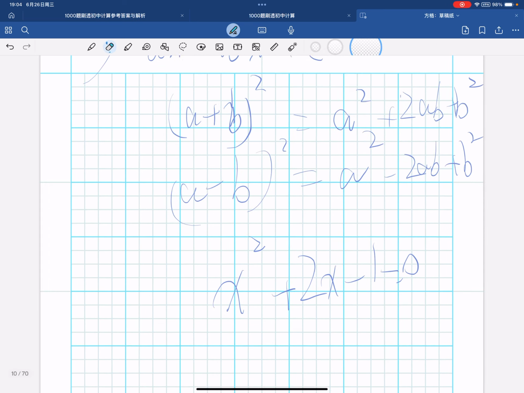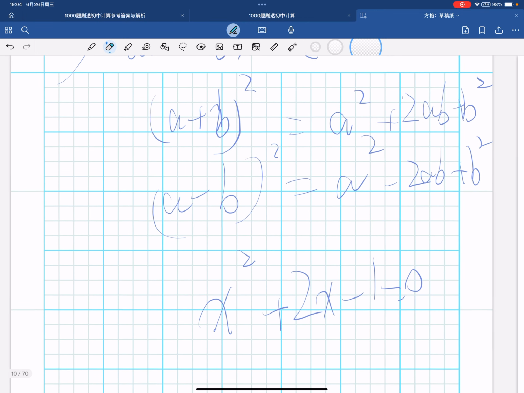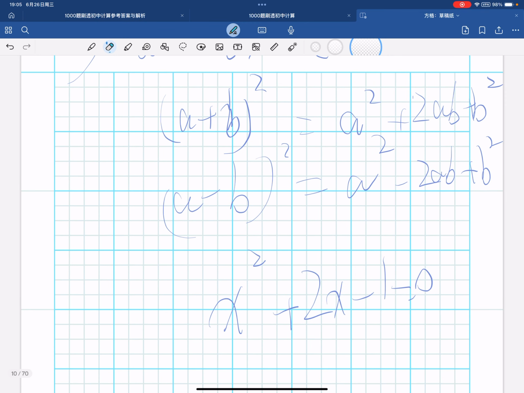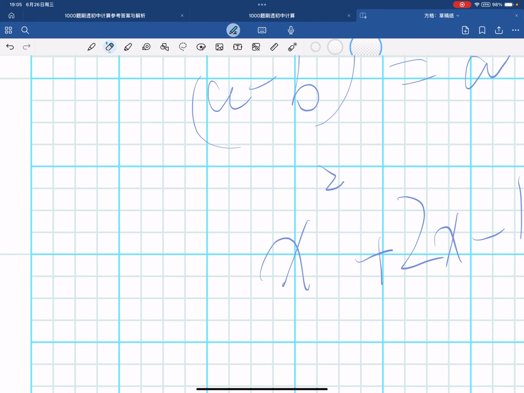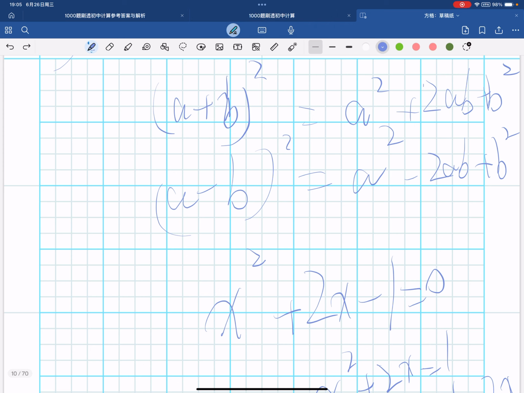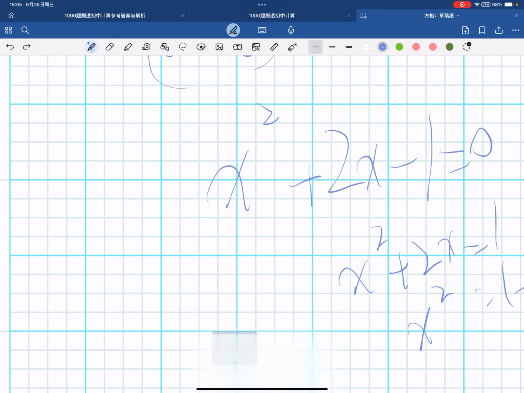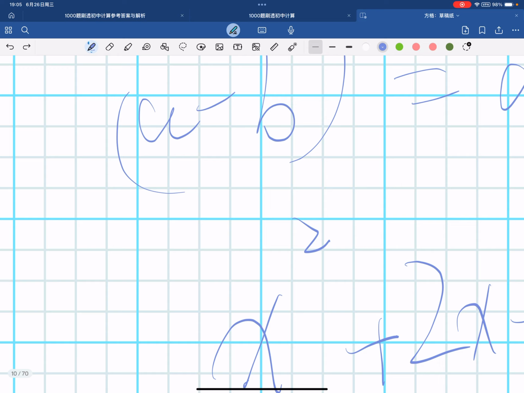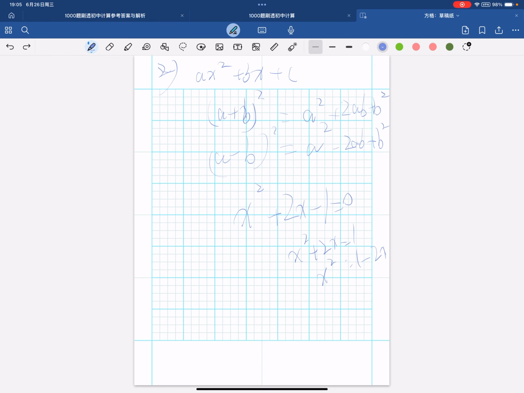But do you think it's a little similar to one of these two sequences? If x squared stands for a squared here, the 2x here stands for the 2ab here, and we lost a b squared.